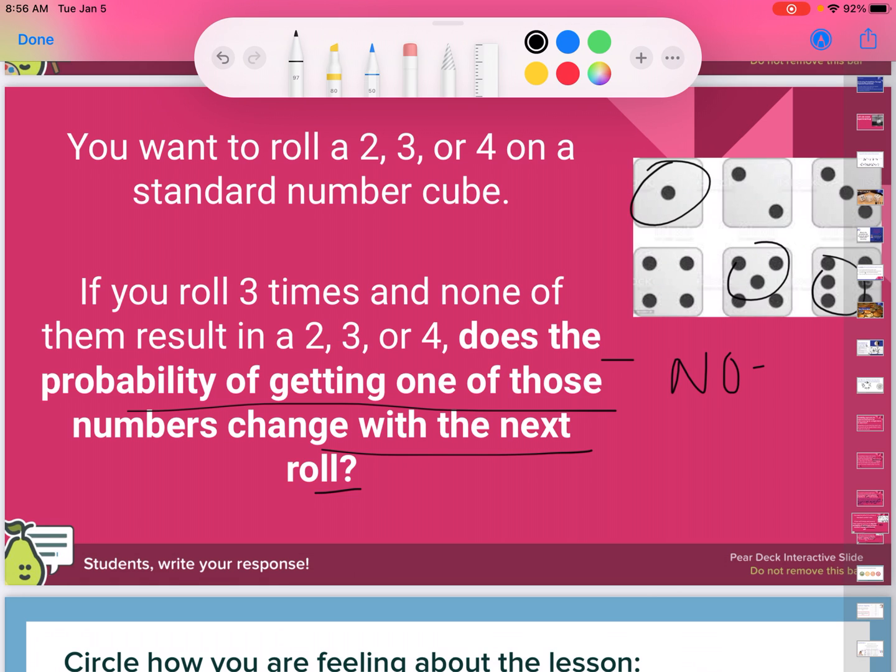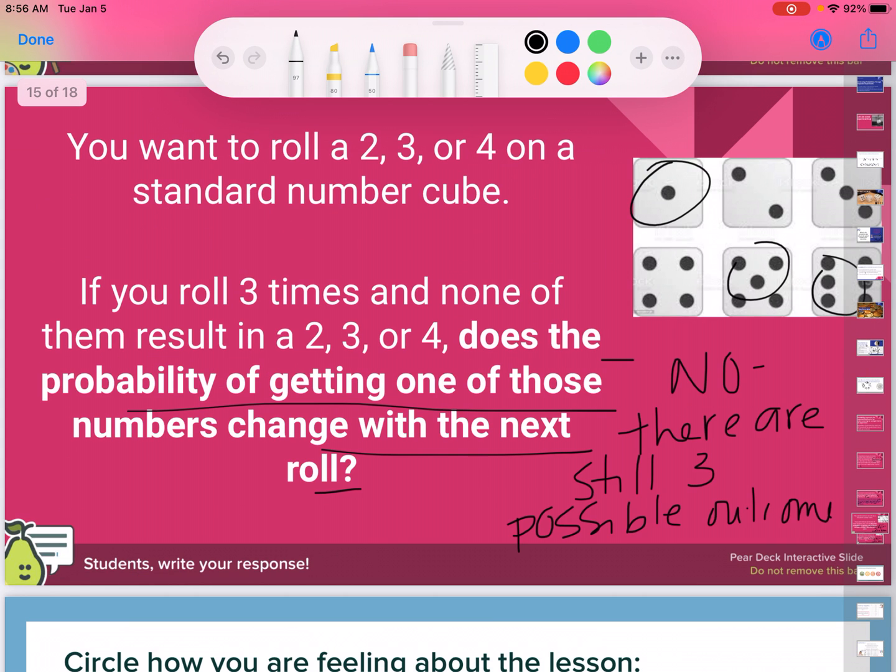No. There are still 3 possible outcomes out of 6.